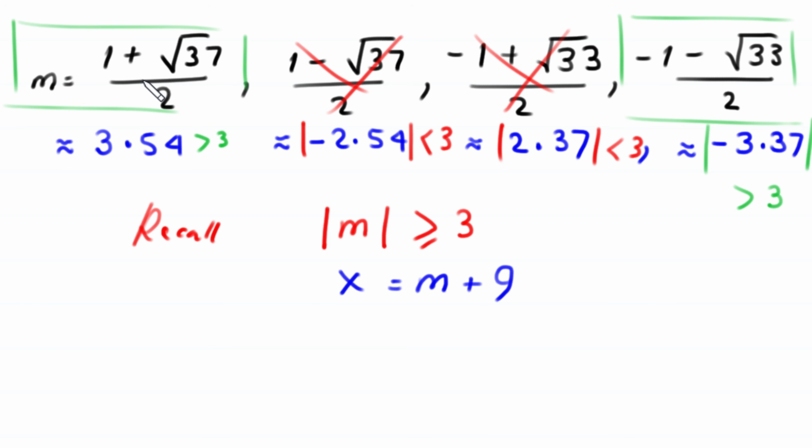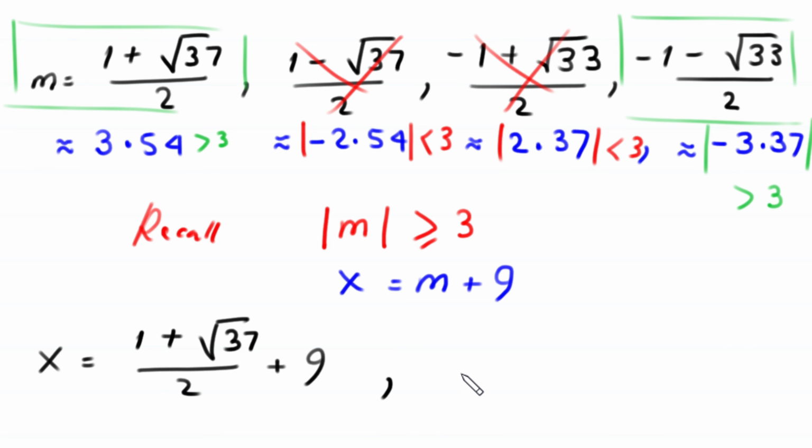When m is equal to this expression, then x will be equal to 1 plus root 37 over 2 plus 9. And when m is equal to this expression, then x will be equal to negative 1 minus root 33 divided by 2 plus 9.